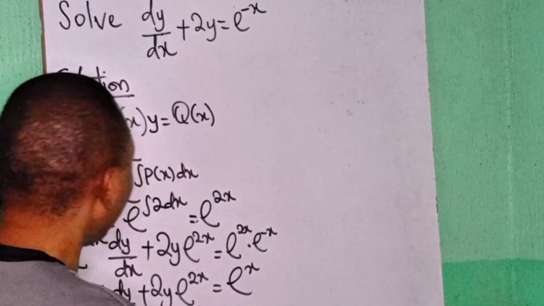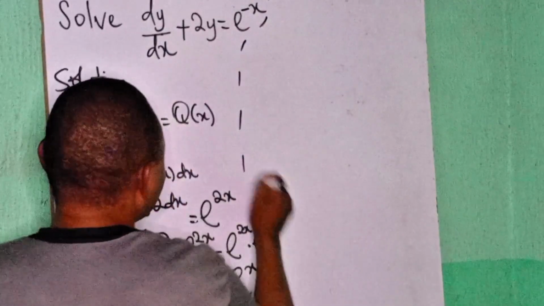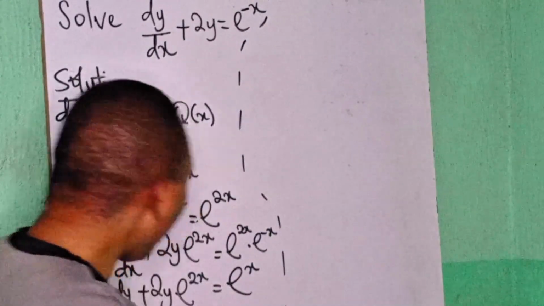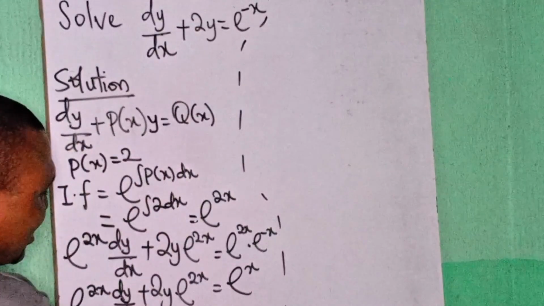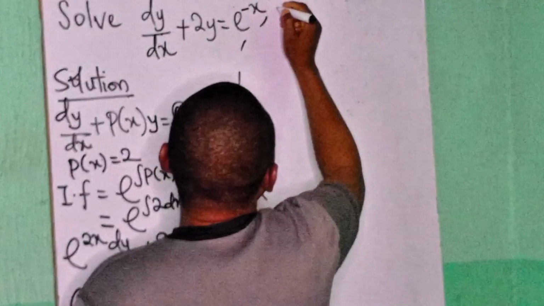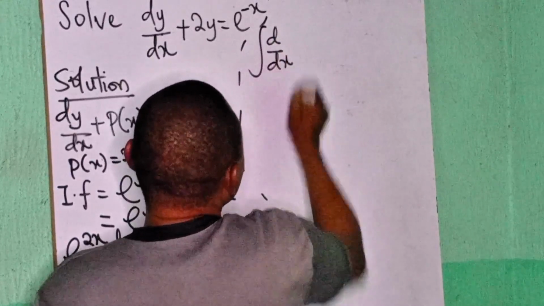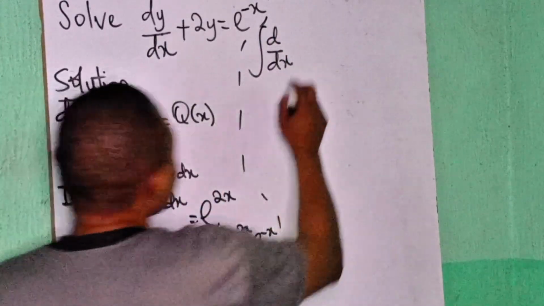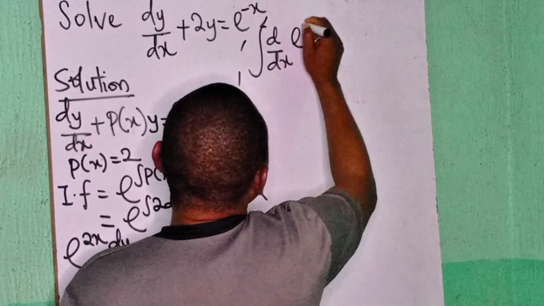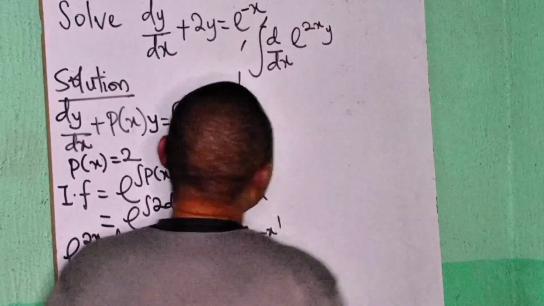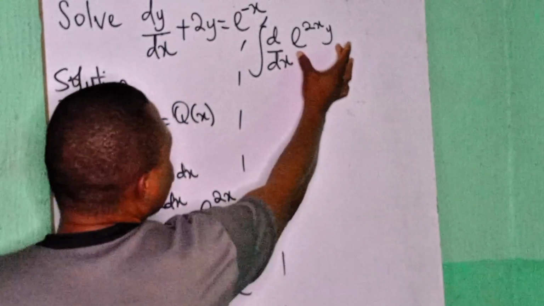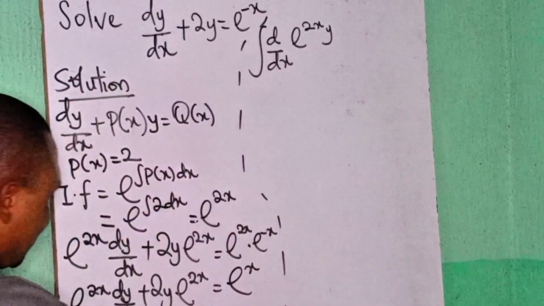Now I want us to look at the board. Are you aware that I can rewrite this as d/dx of e to the 2x times y? If I differentiate this, I'm going to be getting this.